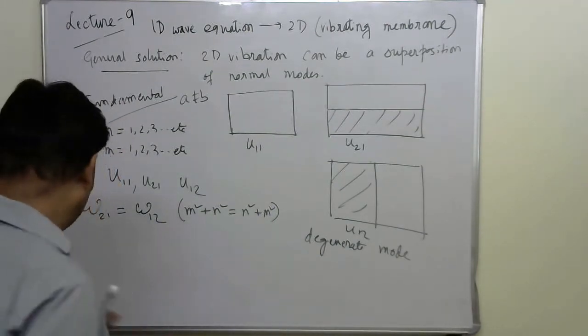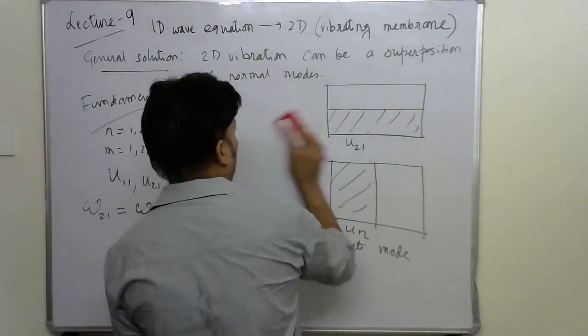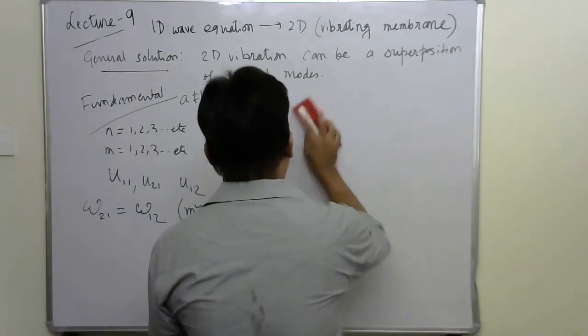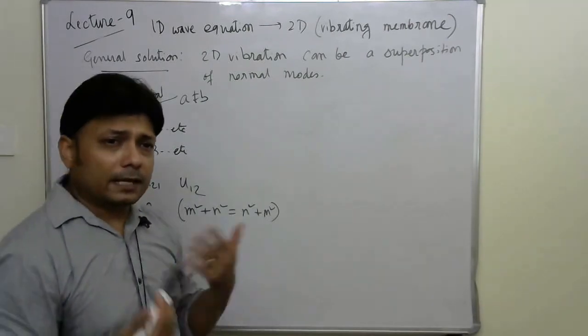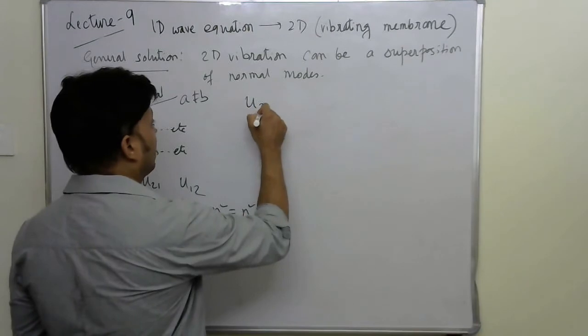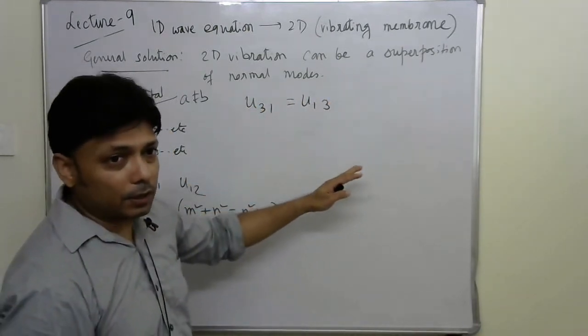So in the next step, we can go for another mode. But the next question is, what would be the next degeneracy? Okay. So of course we can again write U31 is equal to U13. The same thing will appear here.